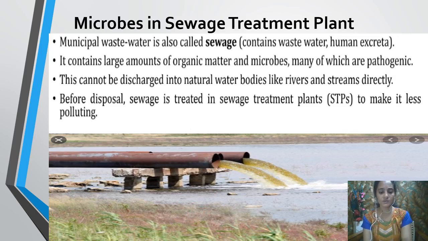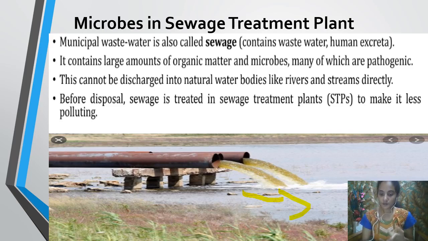Can you imagine what the consequences could be? This is highly contaminated water. So we have to treat this water before dumping it into any of the water bodies. We do that with the help of sewage treatment plants, STP. STP stands for sewage treatment plant.